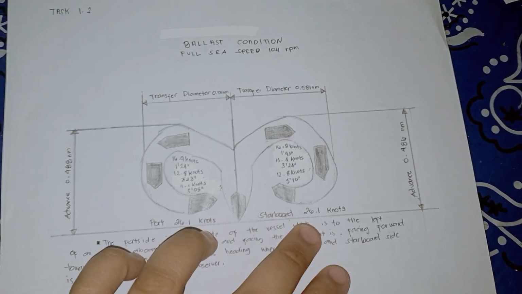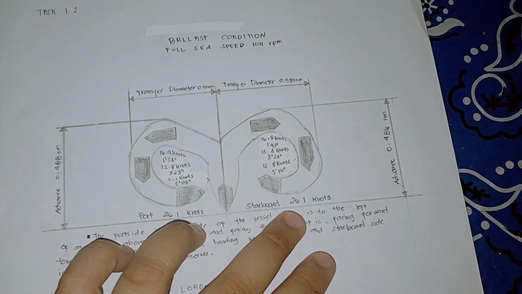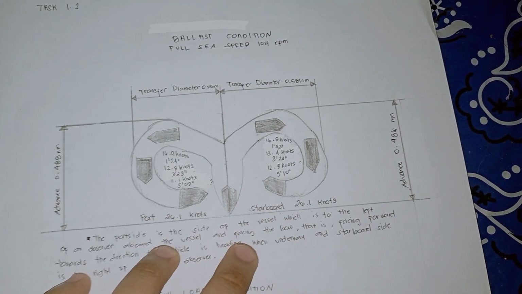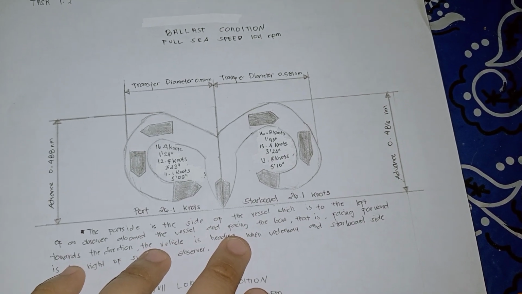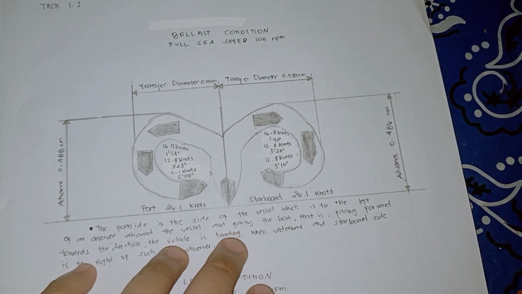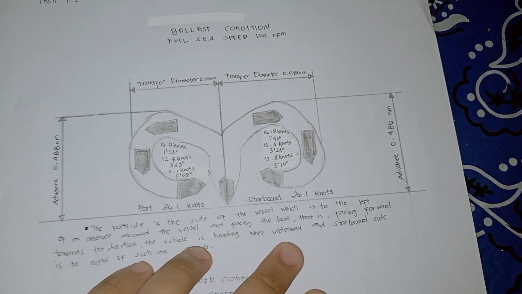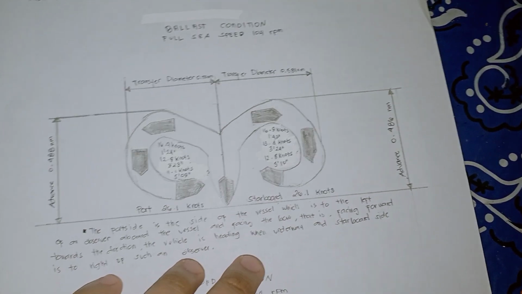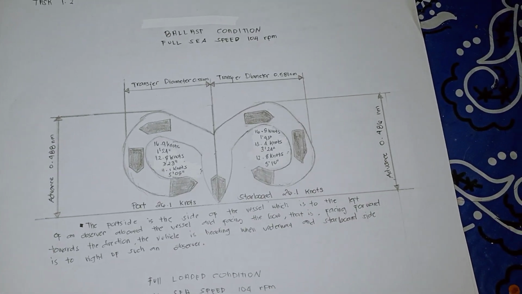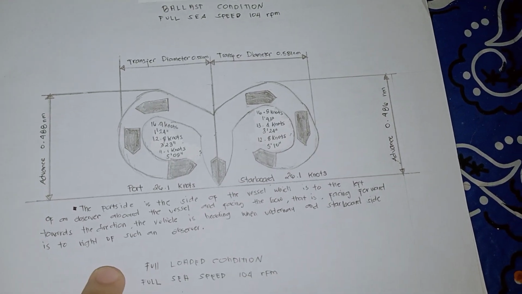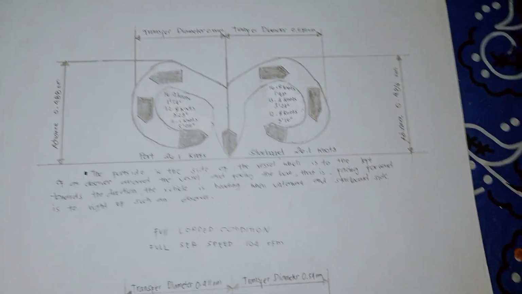For our starboard is 26.1 knots. So the port side is the side of the vessel which is to the left of an observer on board the vessel facing the bow, facing forward towards the direction the vessel is heading when underway, and starboard side is to the right of the observer.